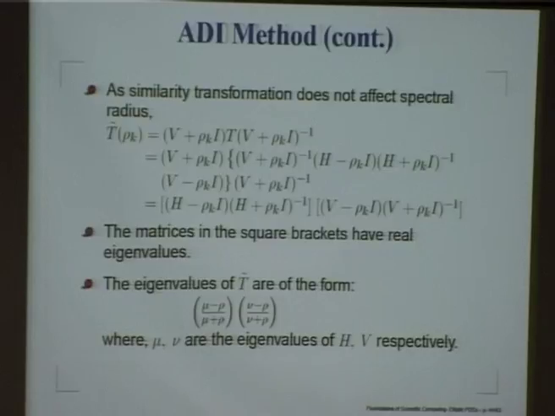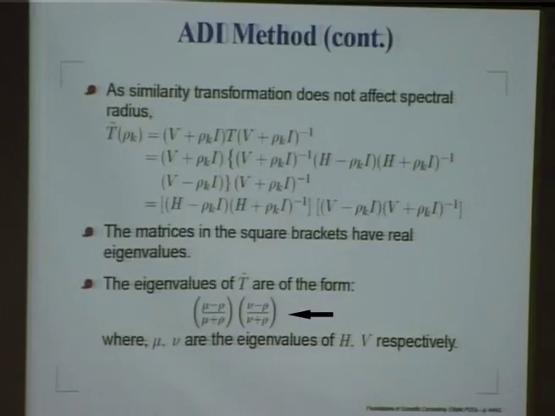So, if I have the eigenvalues of H and V matrix as mu and nu, then I can see that the eigenvalue of this T tilde matrix would be given by this. So, instead of H, I will write mu. So, this first factor is mu minus rho, and this inverse will go in the denominator, mu plus rho, right. And the second factor will give me nu minus rho, and this inverse will go downstairs to give me nu plus rho in the last expression.